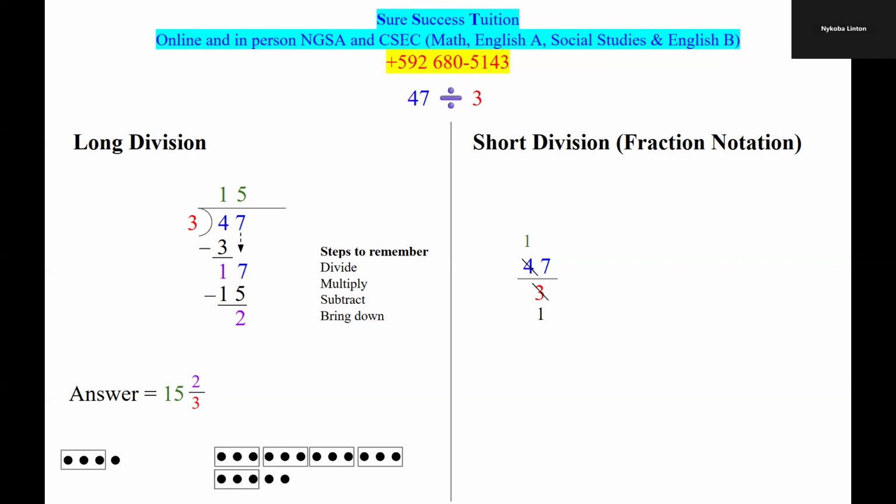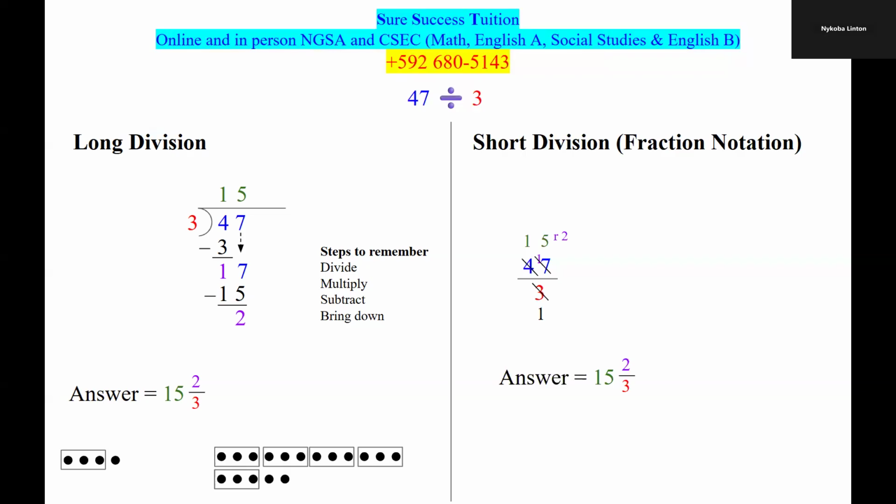Well, note, we make a nice little 1 here. See the 1? Now, again, we say 3 into 17 is 5. Do we have a remainder? Yes, we had a remainder of 2. So again, we have our answer, 15 and 2/3.